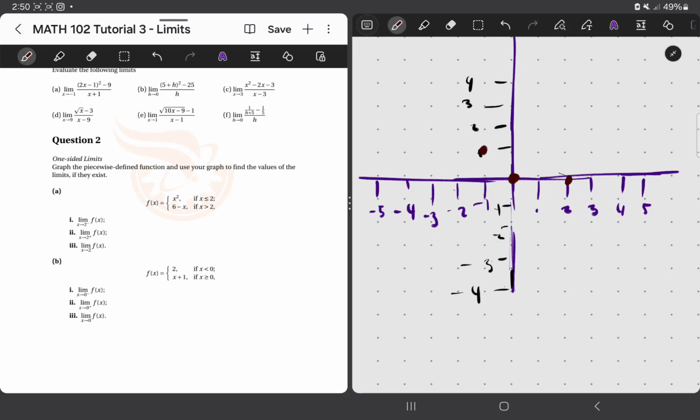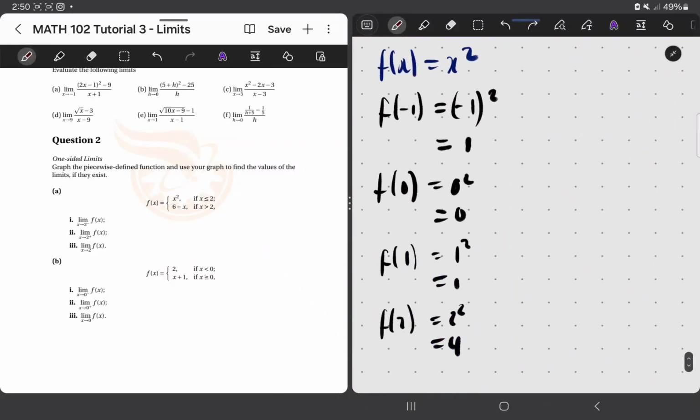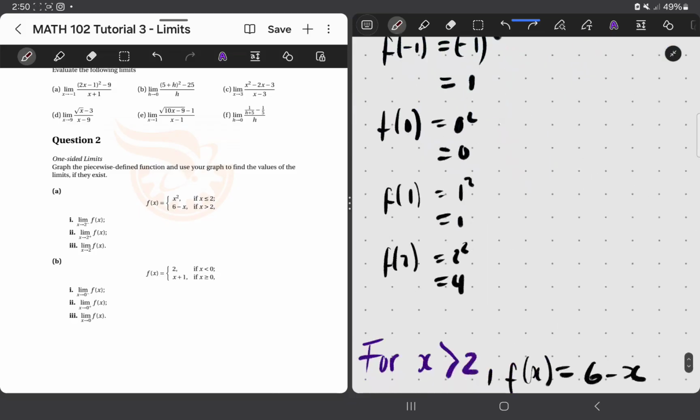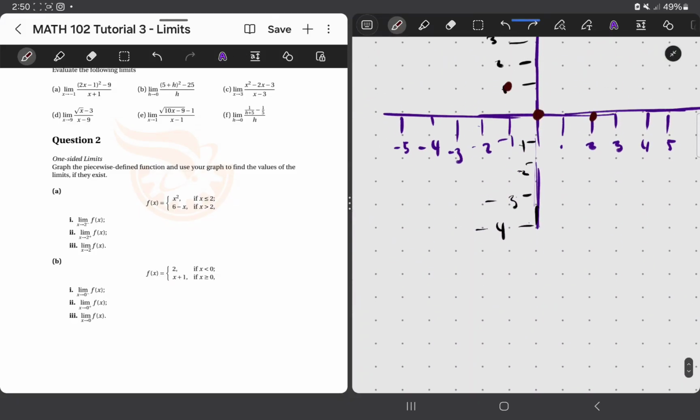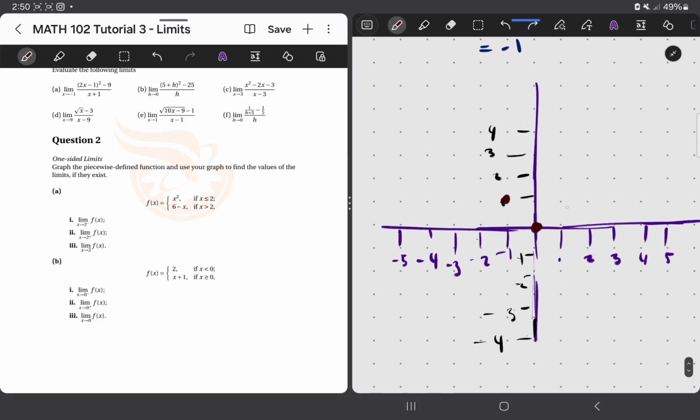So here it becomes 2 and 4. Remember that when it's 1, it'll be 1, then 2 and 4. So it's going to be 1 and 1, then 2 and 4.